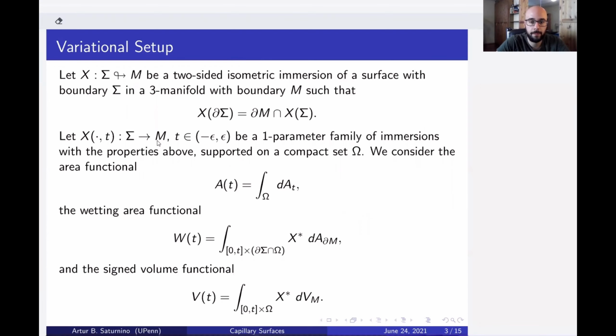And it's defined in a direction such that the orientation of this set is equal to the orientation of these two, where this is the outward normal.